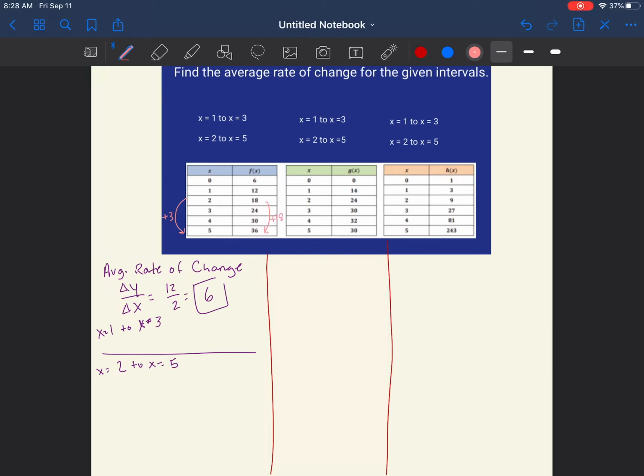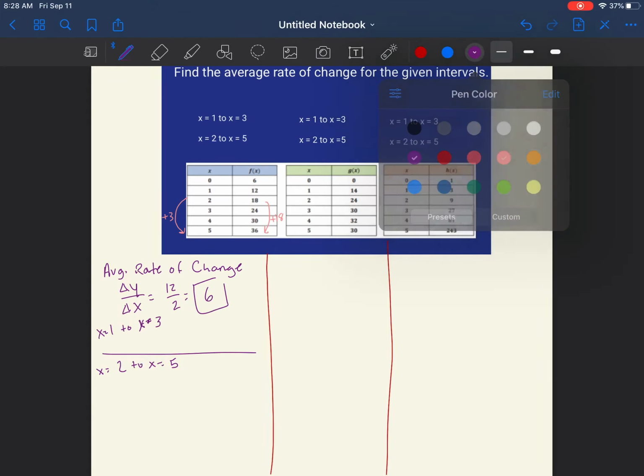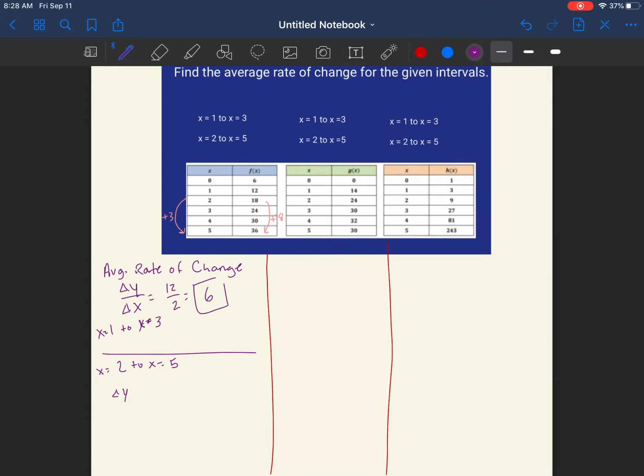So my change in y over change in x. Remember, those triangles, you can think of as the difference of. It's a Greek symbol, delta. The change in y is my output change, 18, over my change in x, which was 3, and that gives me 6.